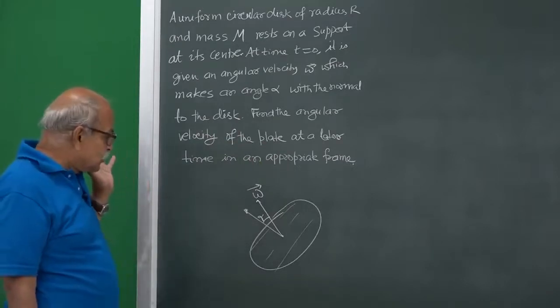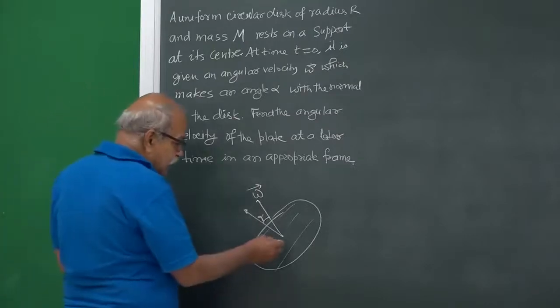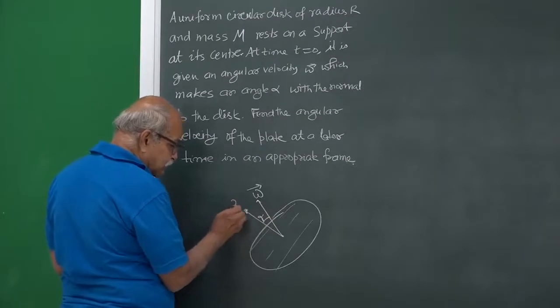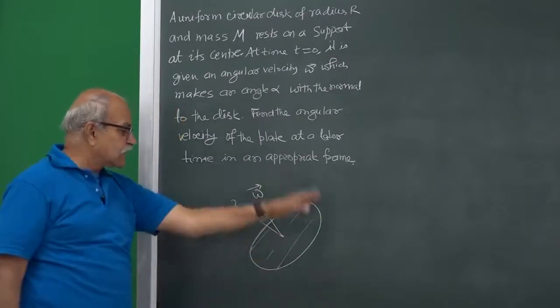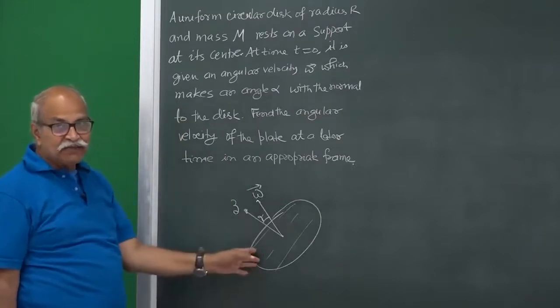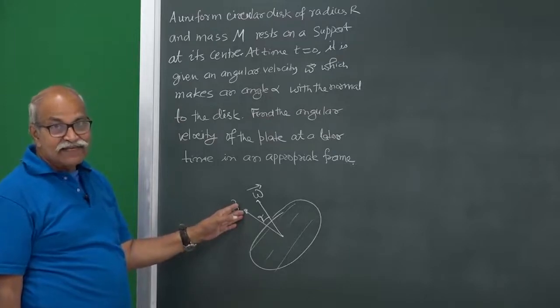So, let us choose a principal axis frame which is fixed in the body, and we choose our 3 axes along this, because this is a principal axis, it is a circular disc. So, any diameter, any radius gives you a principal axis direction, and perpendicular to the disc is also a principal axis direction.